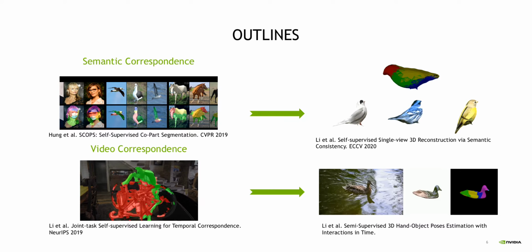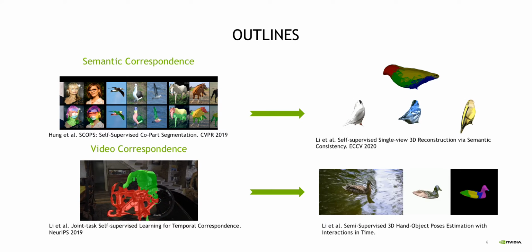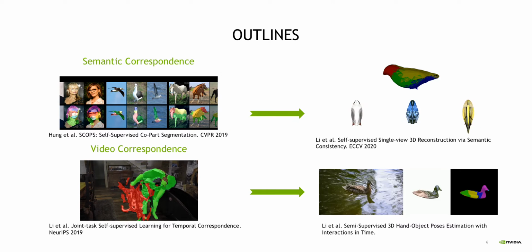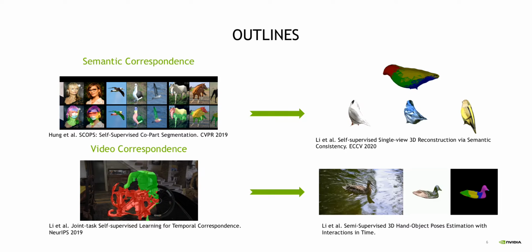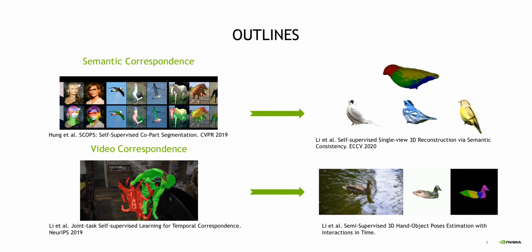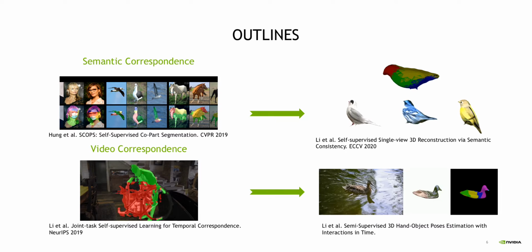After that, I will introduce two of our recent works which utilize these two self-supervised correspondence models to perform single image 3D reconstruction, either from a collection of images or from unlabeled videos.